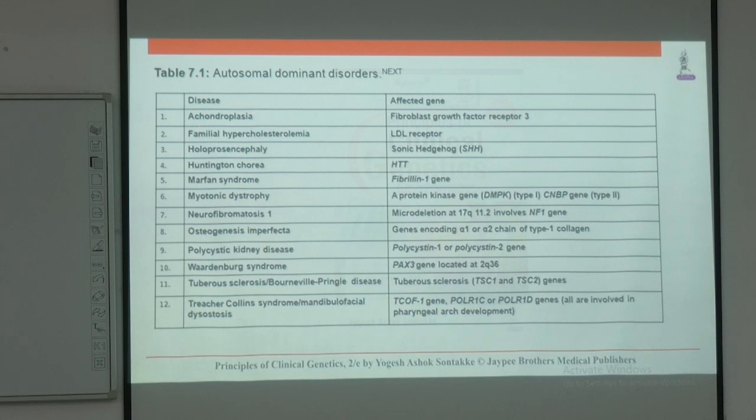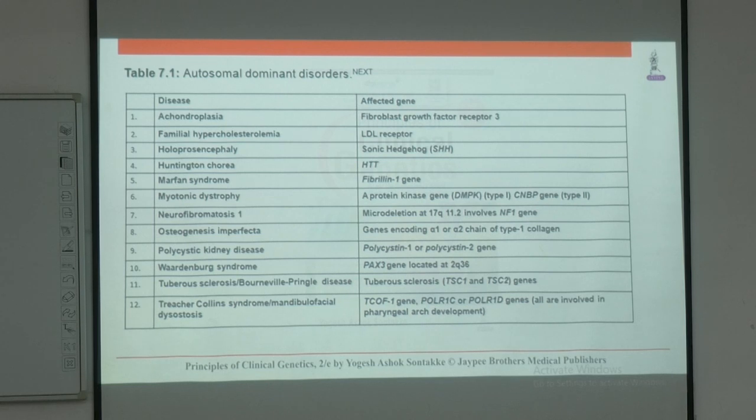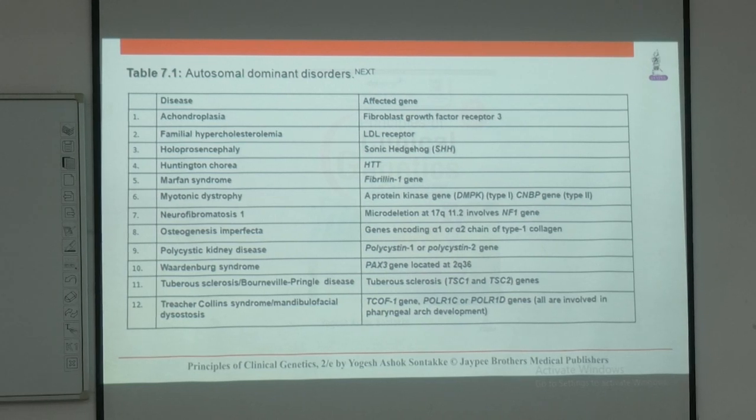This is an autosomal dominant disorder that is transmitted through this. If the individual is suffering from achondroplasia, we advise going for in vitro fertilization with donor sperm for the next generation's reproduction. So it is important for us to understand the name of the disease and the mode of inheritance.